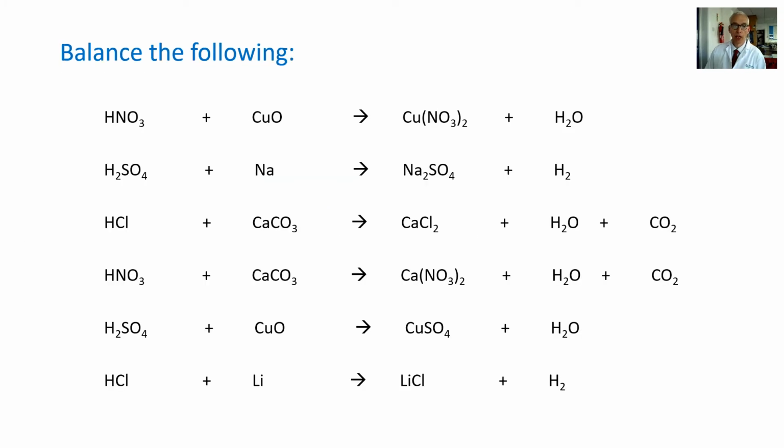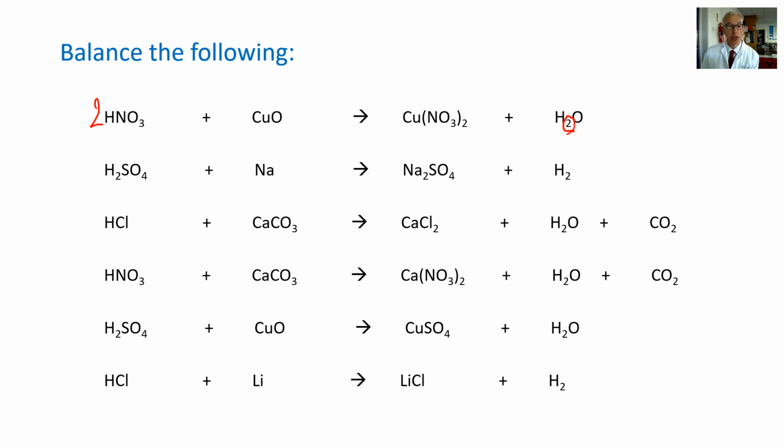So I'd like you to pause the video and try the first equation in this sequence. Okay, so I'm assuming you've tried to balance this equation. You'll see straight away that we've got a problem here. We've got 2 hydrogens. Well, we've only got 1 here, so we need to use a multiplier to change the numbers of hydrogens.